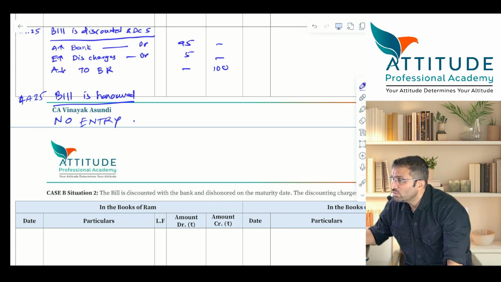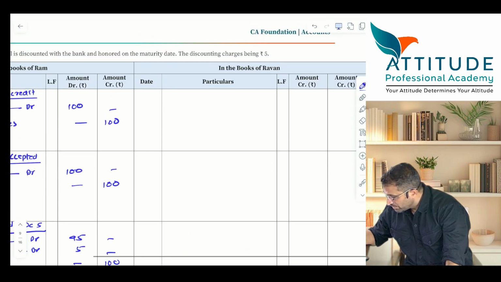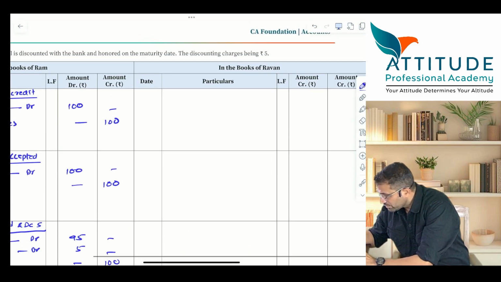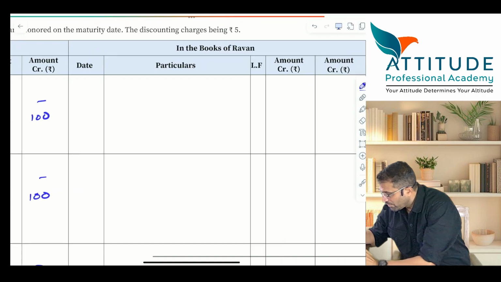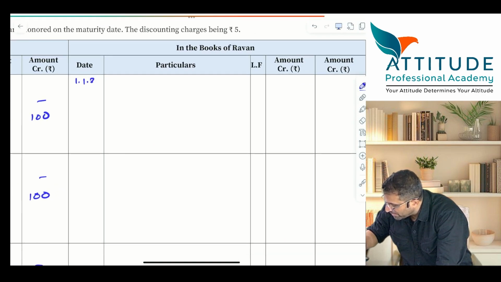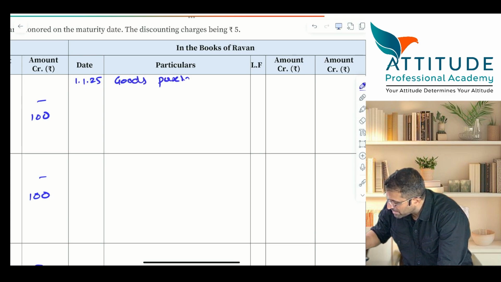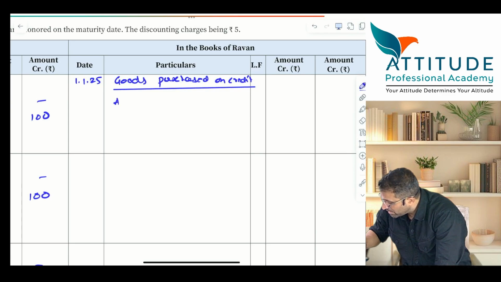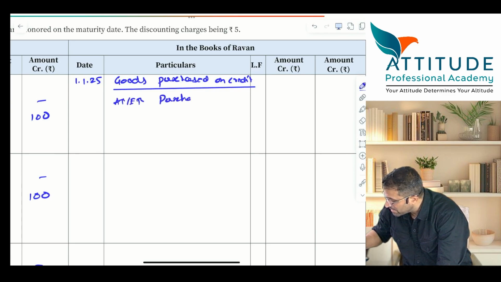Getting it or not? Come here. Now in Ravan's books, tell me. 1/1/2025 goods purchased on credit. Asset increases or expense increases. For me it is purchases expense.